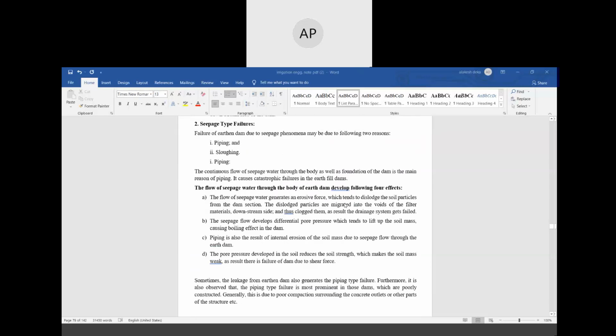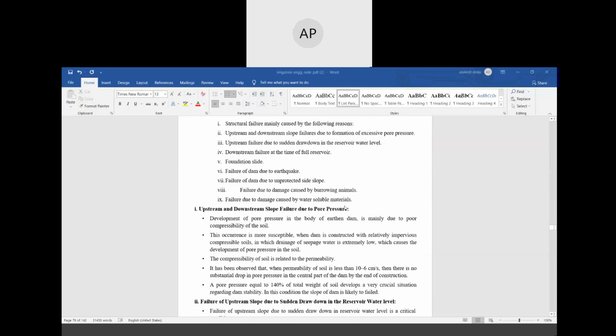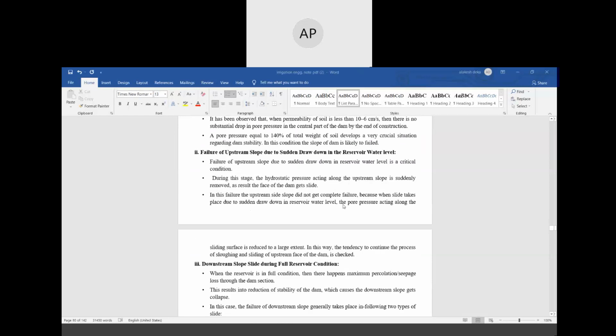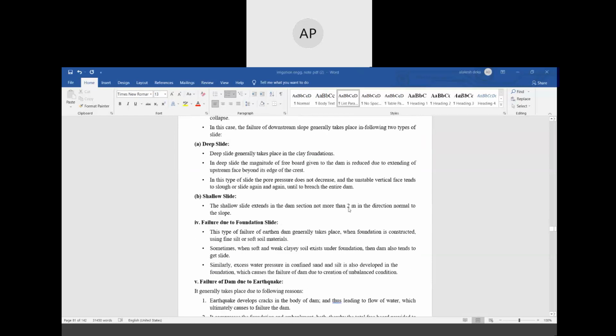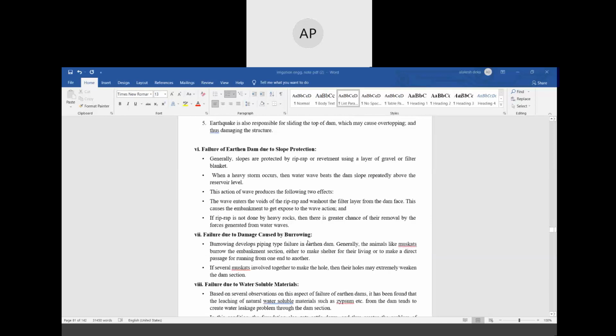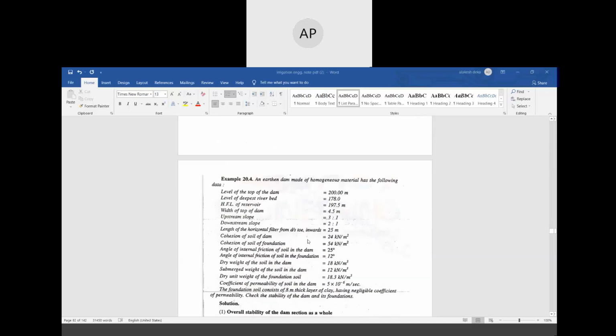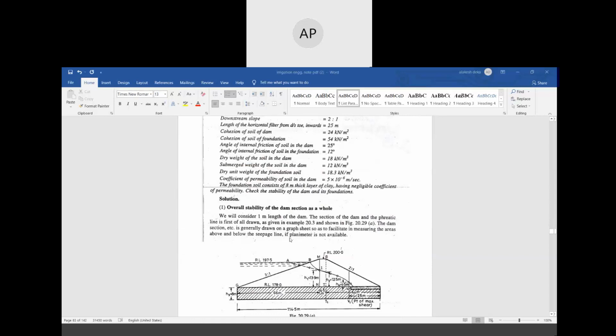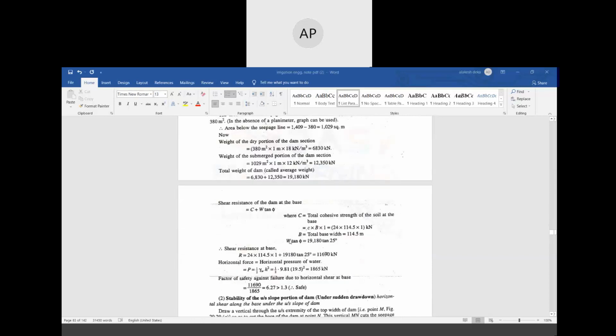So these things you study yourself, not very important. Next are numerical problems; we don't require them. We are not doing problems.